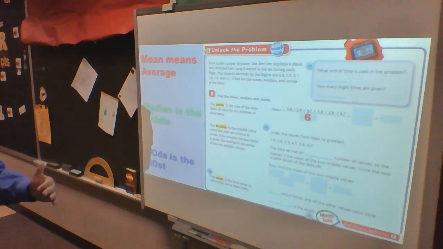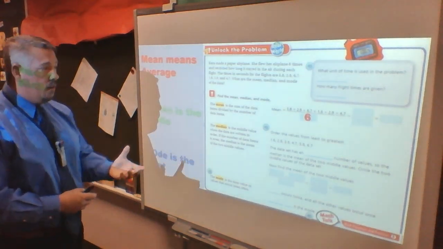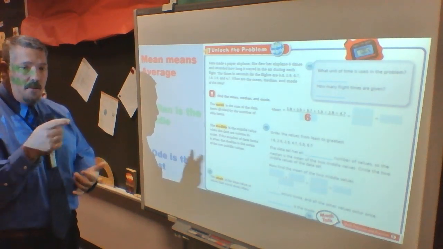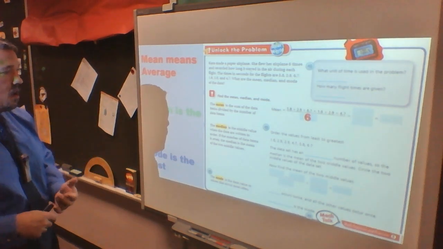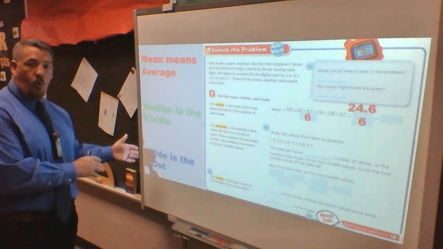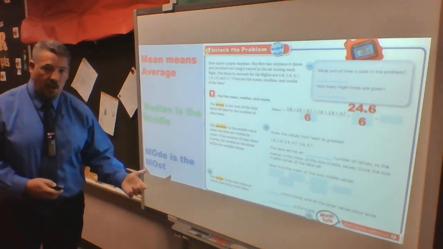So when I know there are 6 pieces of data, I get my handy dandy calculator. Now that the problem's written out, I just have to enter it in and make sure that I add the decimal each time in the right place. When I'm typing it in and hit equals, I should get 24.6, or 24 and 6/10, divided by 6.